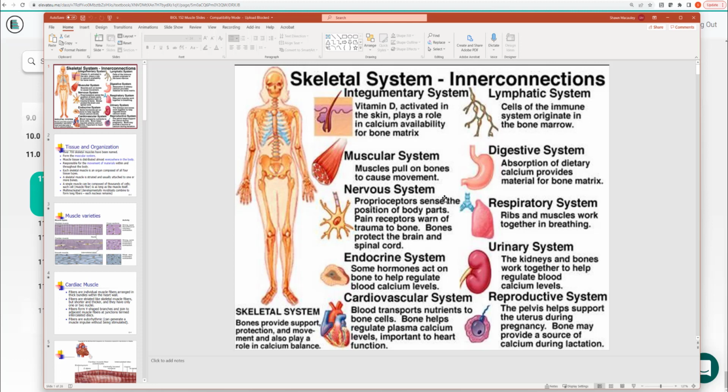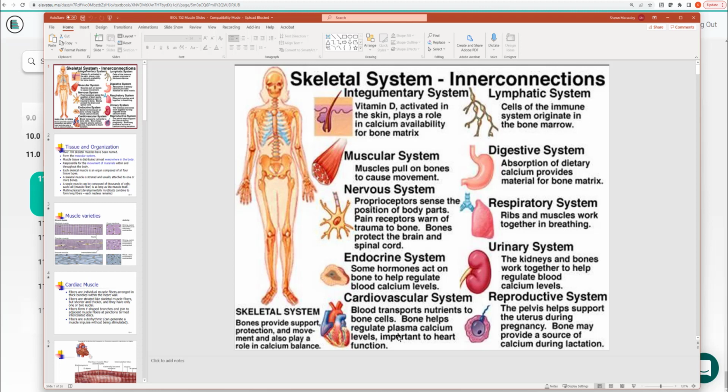For that, you would simply say the skeletal system interacts with the integumentary system because vitamin D is activated by the skin and is important in calcium absorption. Or you could say that the cardiovascular system and the skeletal system connect because the hematopoiesis that occurs in the skeletal system is building or creating the blood cells necessary for cardiovascular system function.